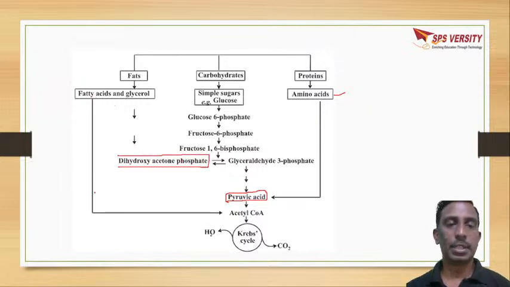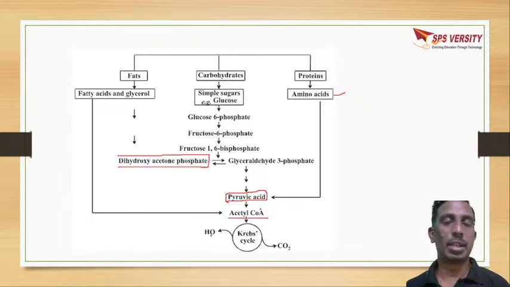Fatty acids will start their journey. They will be transformed into acetyl coenzyme A. So it will start its journey from acetyl coenzyme A. So these are different respiratory substrates when they are involved in aerobic respiration.